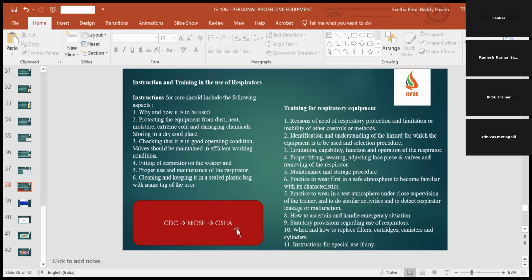Again, OSHA is an administrative kind of body. NIOSH gives guidance to OSHA, which is the Occupational Safety and Health Administration, US.